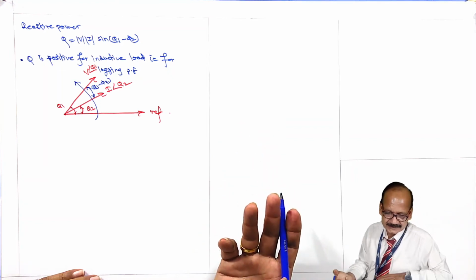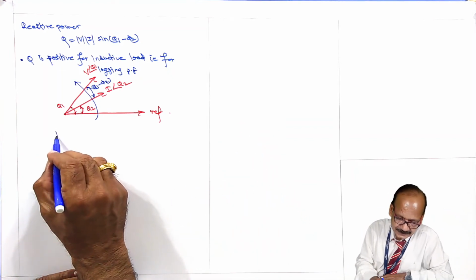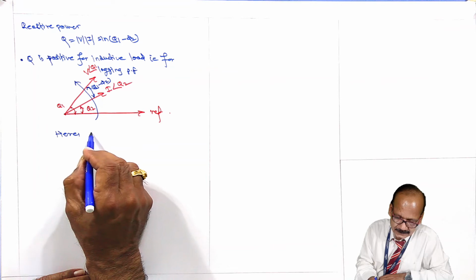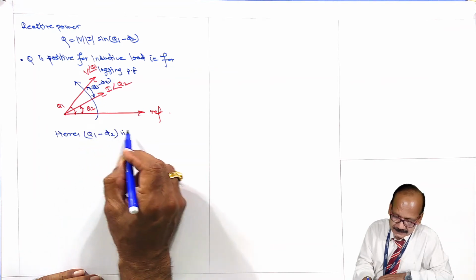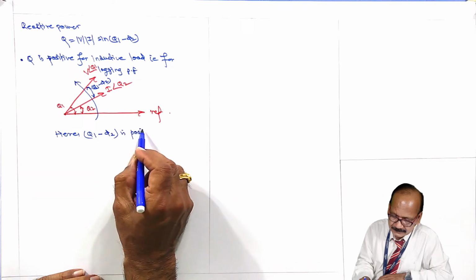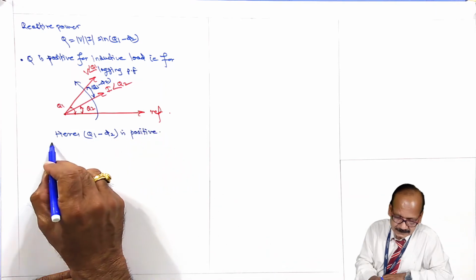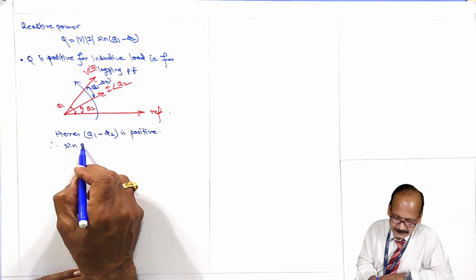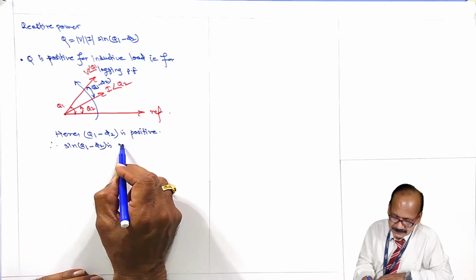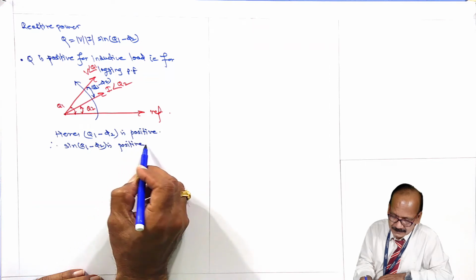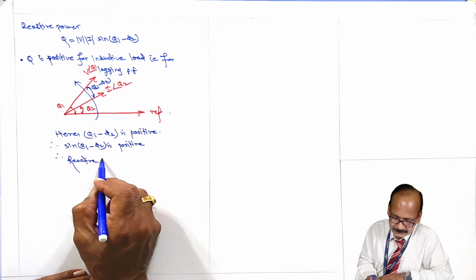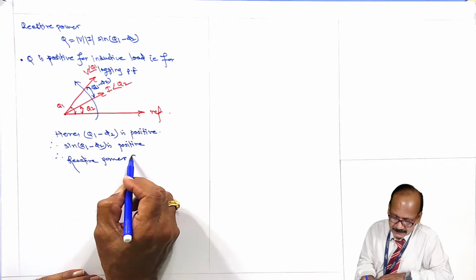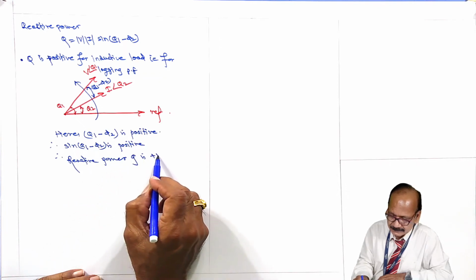Obviously theta 1 minus theta 2 is positive. Therefore sin theta 1 minus theta 2 is positive, and therefore reactive power Q is positive.